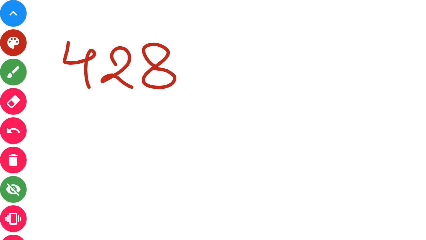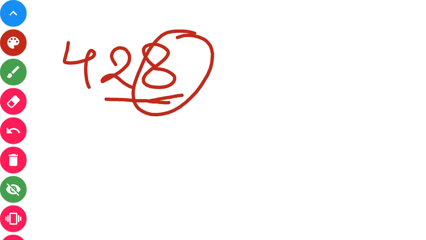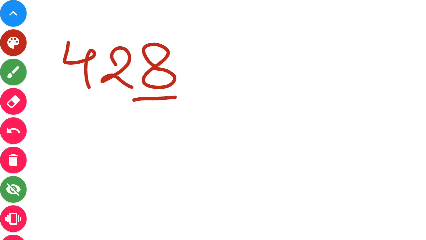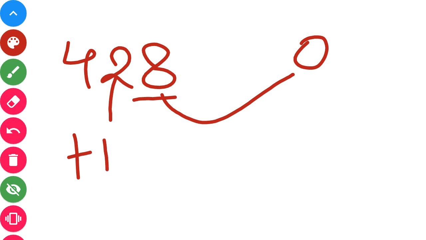We will see the number at the ones place, because we have to round off to the nearest tens. Which number is given at the ones place? 8 is given. Is this 8 greater than 5 or smaller than 5? This 8 is greater than 5. That means this 8 will become 0, and as 8 is greater than 5, this 2 will get increased by 1. It will become 3 and the 4 will remain 4.